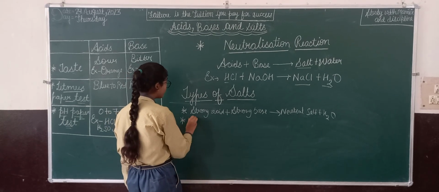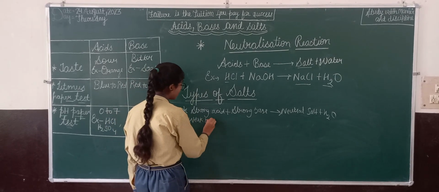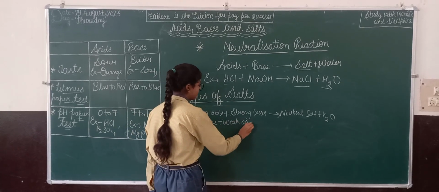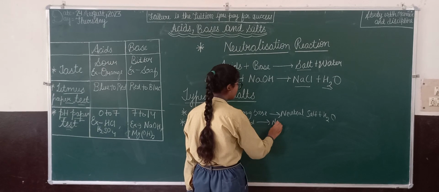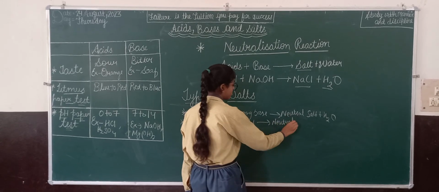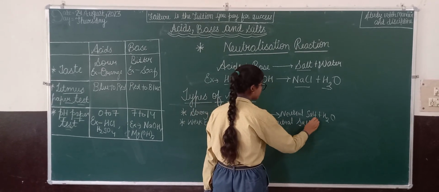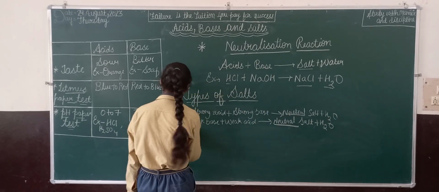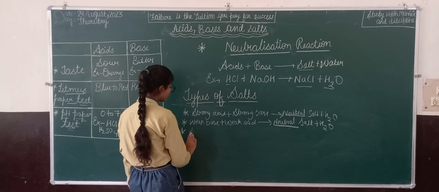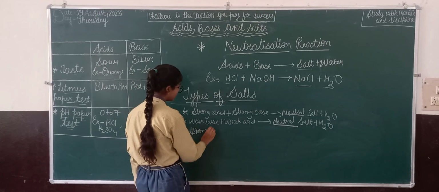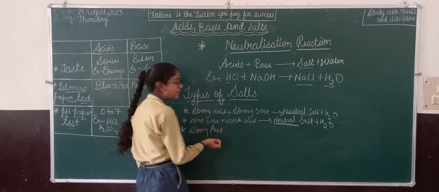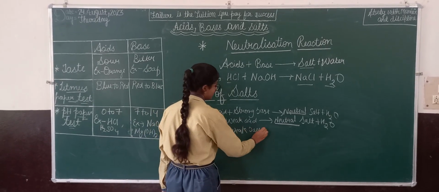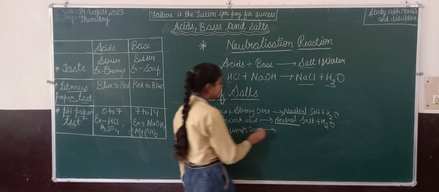Second, when weak base combines with weak acid, they also form neutral salt plus water. Third one is when strong acid combines with weak base, they form acidic salt.